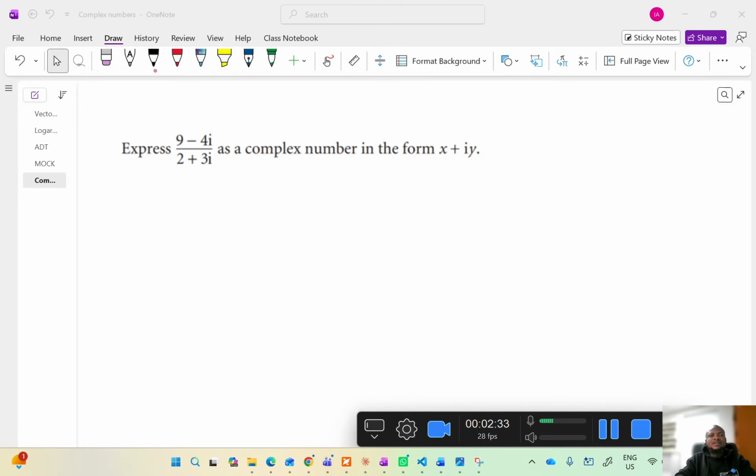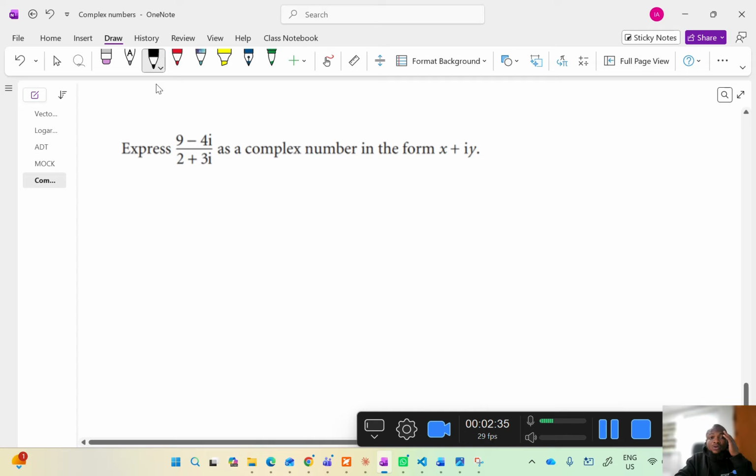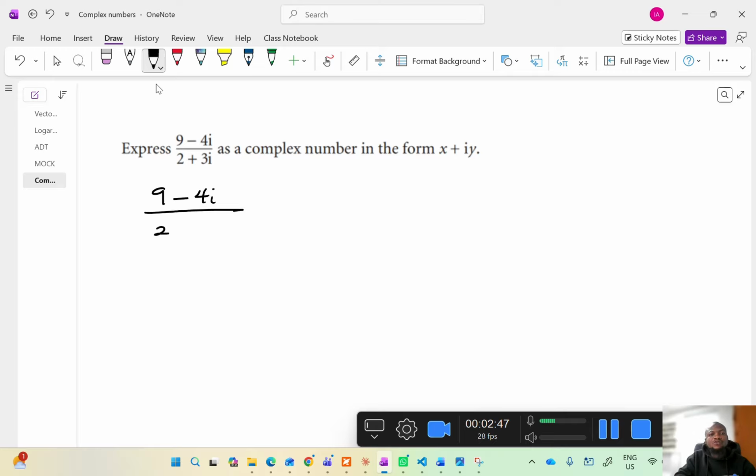So here is another example. Like I told you, whenever you are dealing with division of complex numbers, always introduce the concept of complex conjugates. So this is 9 minus 4i divided by 2 plus 3i. You multiply the numerator and denominator by the complex conjugate of the denominator, so that this becomes 9 minus 4i over 2 plus 3i multiplied by 2 minus 3i over 2 minus 3i.